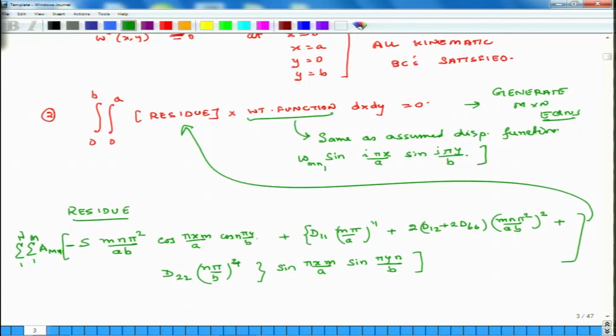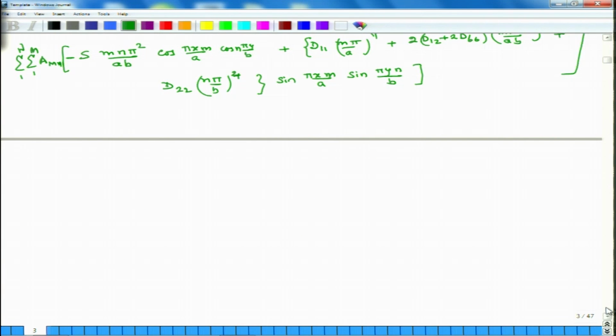These are trial functions or weight functions, and we can generate these M times N equations by selecting different values of I and j, changing index I from 1 to capital M and j from 1 to capital N.